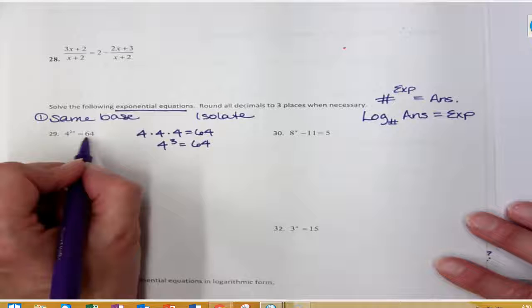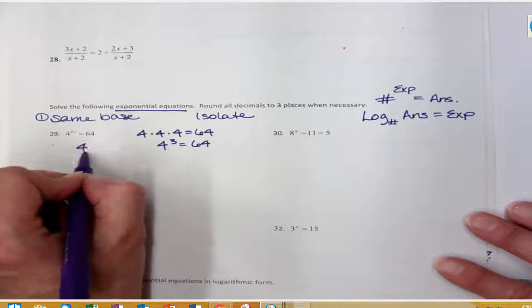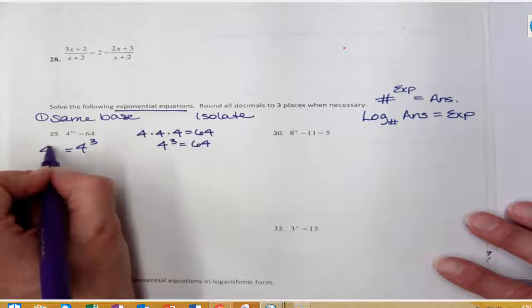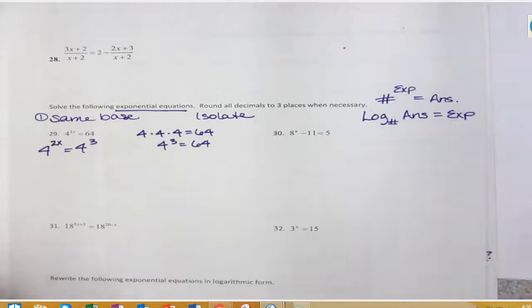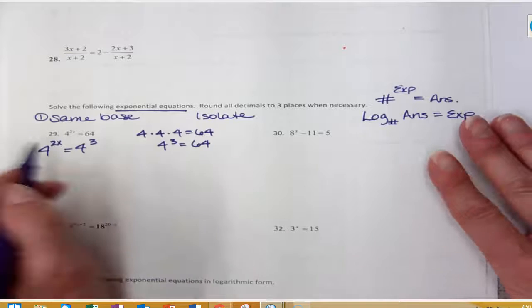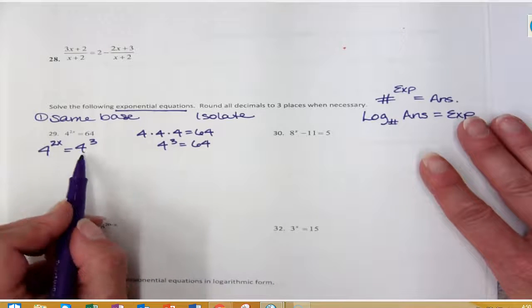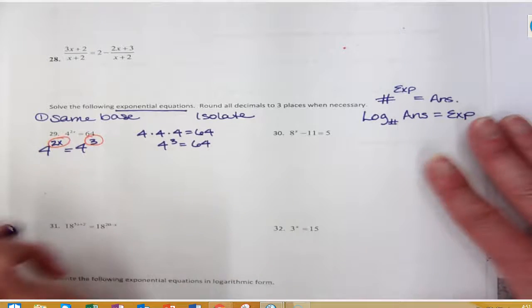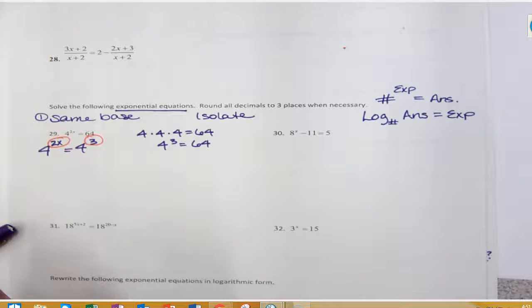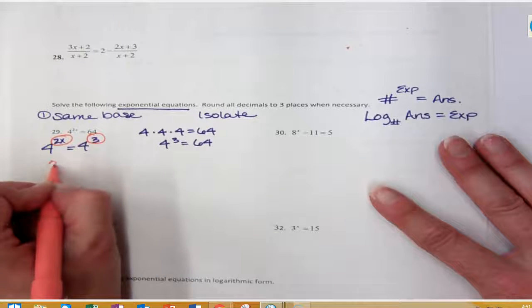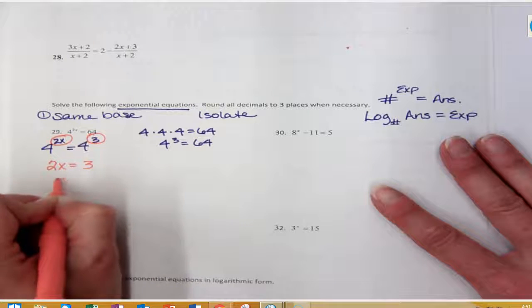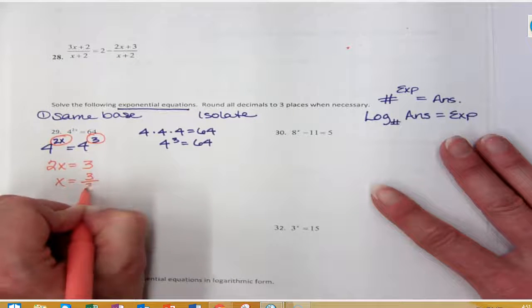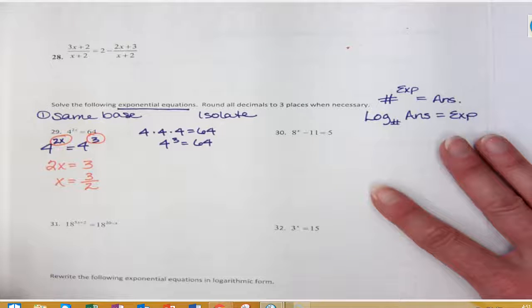So if I rewrite this quantity as 4 to the third power, and I know that 4 to the 2x power is 64, which is the same as 4 to the third power, now I can say these two numbers have to be the same because they're equal to each other. And with the same base, I need those exponents to be equal to each other. So I can say 2x equals 3. So x would have to equal 3 divided by 2.